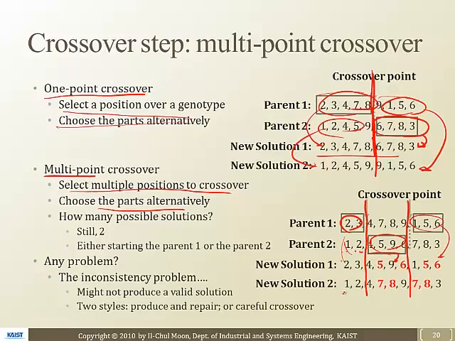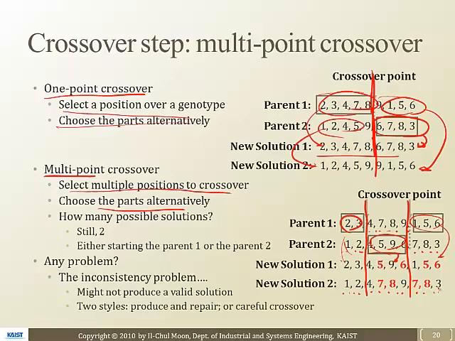Similarly, this 1, 2, 1, 2 here, 7, 8, 9, 7, 8, 9 here, 7, 8, 3, 7, 8, 3 here. So this multi-point crossover actually is very interesting and very easy.